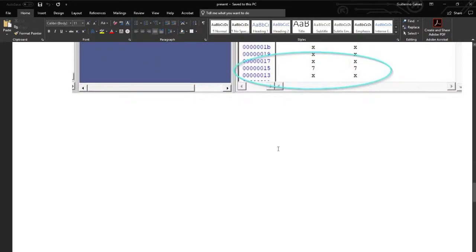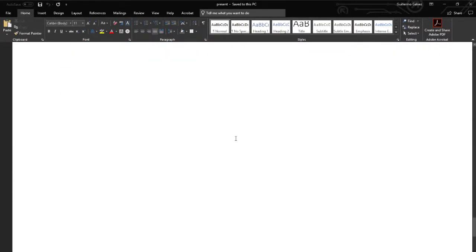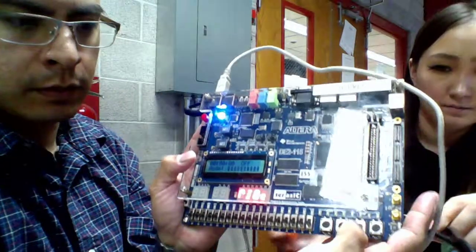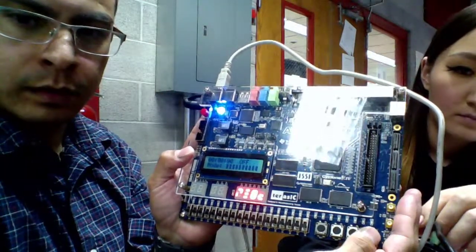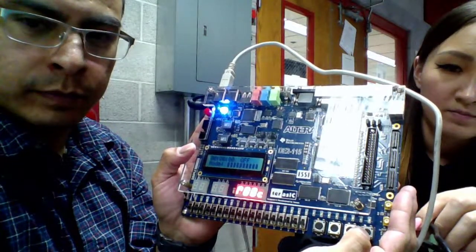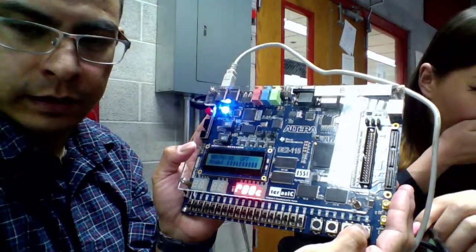And here's the memory. And now we'll switch over to our camera and show the board. So here's the board. It's not 100% yet, so it might not be just an incremental increase in the LEDs.